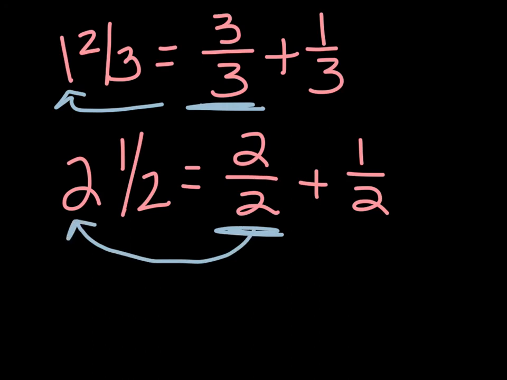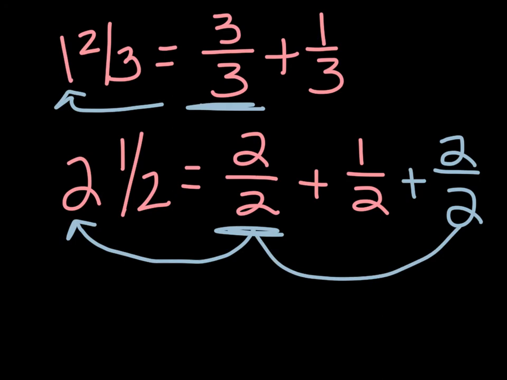So am I going to have another of those? I am. So now when I look at this, I realize I forgot to write that second one. So that would be representing that 2 as my whole number, and then of course I have my half. So 2/2 plus 2/2 plus 1/2 is equal to 2 1/2.